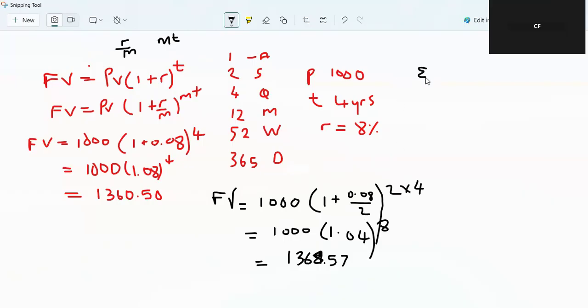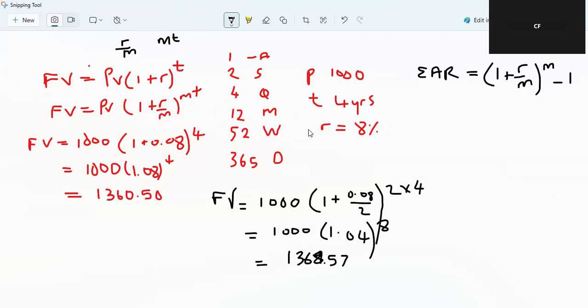Then they also ask you to find the effective annual rate. This is the real interest rate that is earned. It has no aspect of time. So it is given by 1 plus R over M, to the power M, minus 1. So let's calculate the effective annual rate for this particular detail.